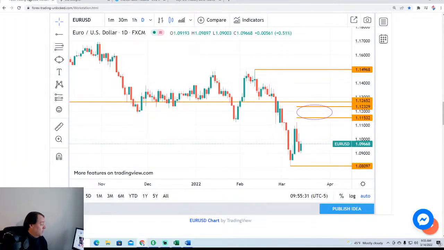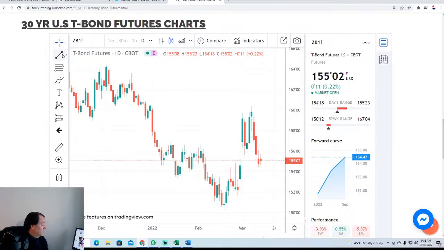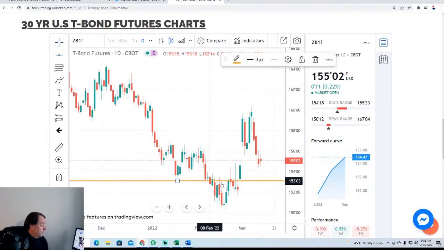Well, let's go to the 30-year bond, and let's put a line here, 153.02. So basically 153.03. So this is where the market is trading right now. Okay, significantly lower. It filled this gap. We rallied to the upside, had this little island, and boom, filled the gap on Friday. We start on Thursday and Friday of last week, and now we're extending the trade down.